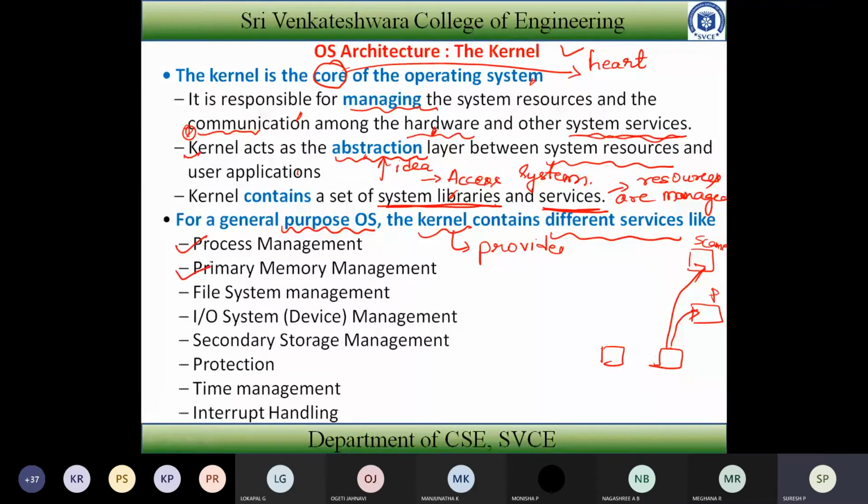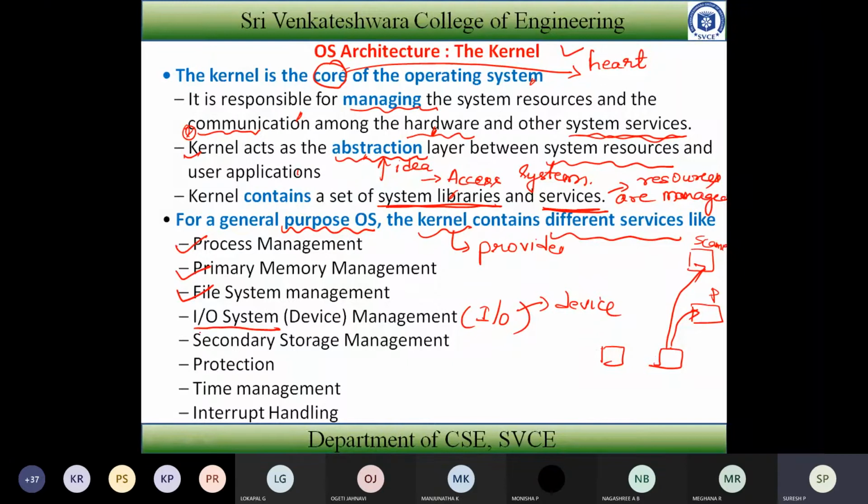Third, file system management. Fourth, device management: for any device you are using, you are going to do input and output operations with respect to that device, so you should manage your device also. That is, you should have the IO system for that.